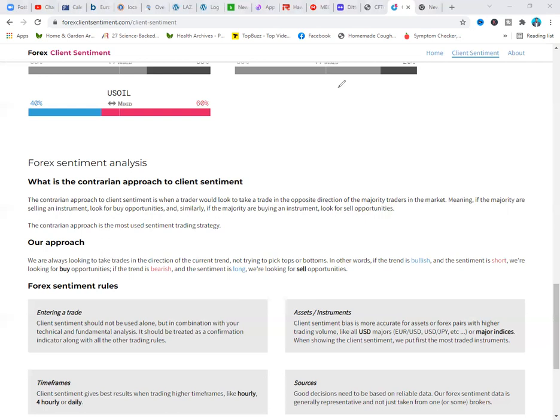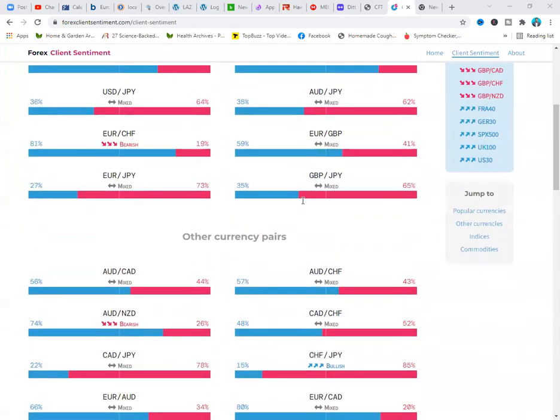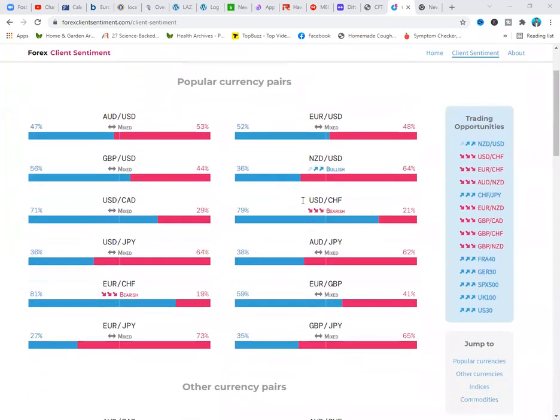Is that okay? Good. Now, let's go to the currencies, the instruments. So here are the currencies. For instance, when you look at AUD USD, 47% are buying. The blue area is a buy, and the red area, I don't know whether it's totally red, but the red area is sell.